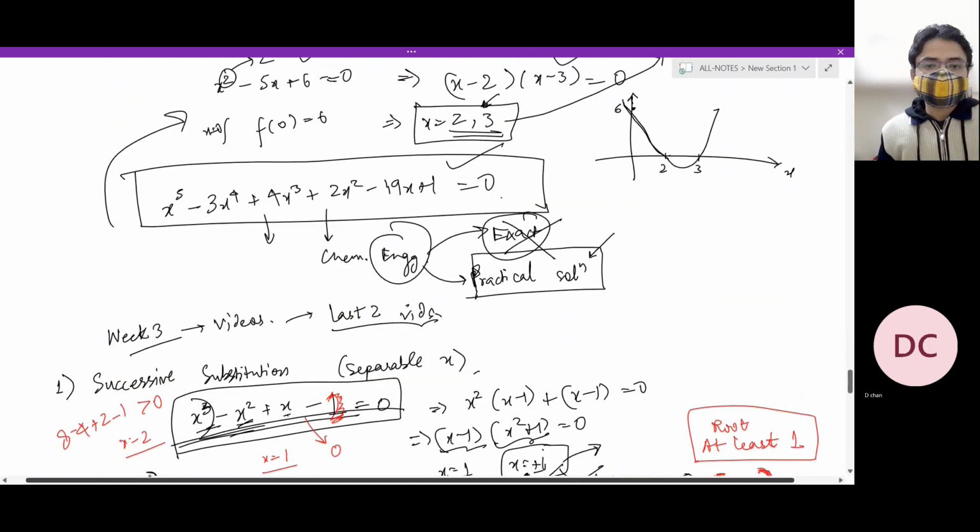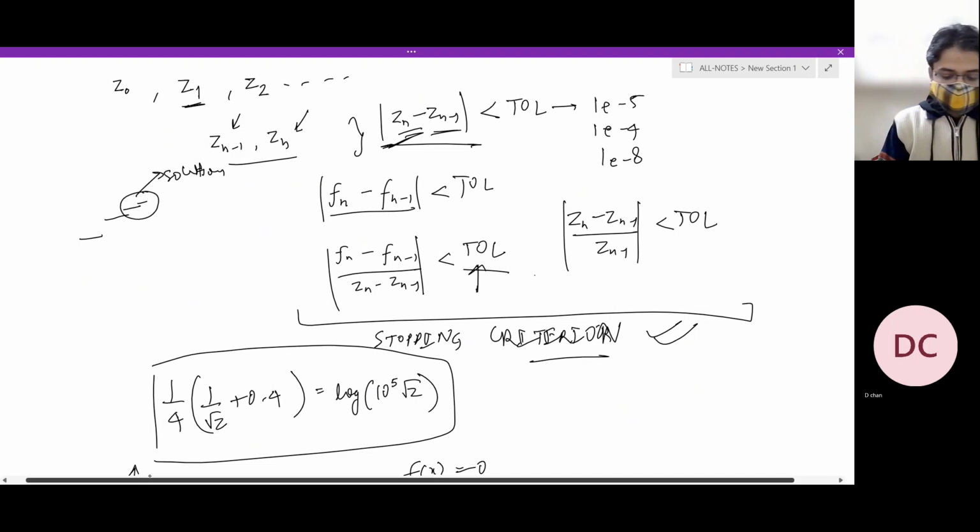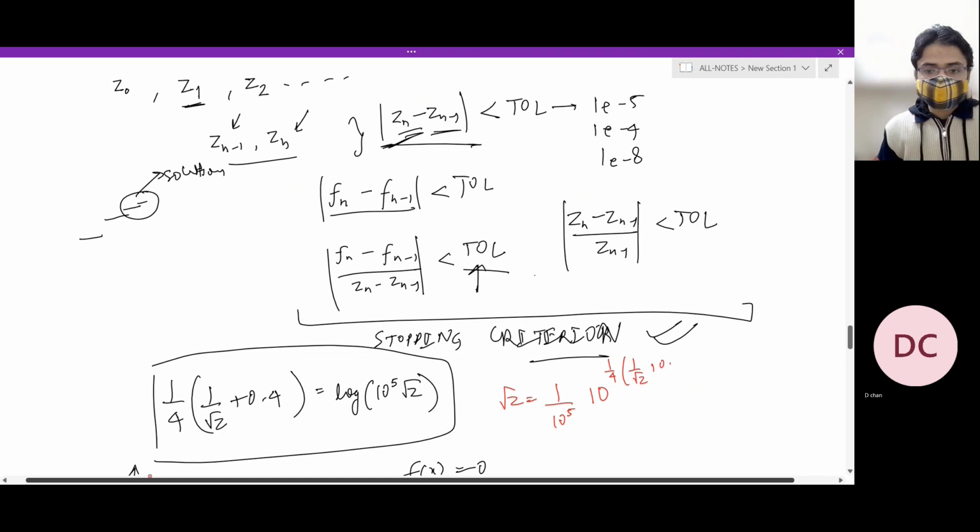So we are using this form of the equation, this one. This would give root of z equal to 1 over 10 power 5, and you can write it as 10 to the power 1 over root 4, 1 by root z plus 0.4.